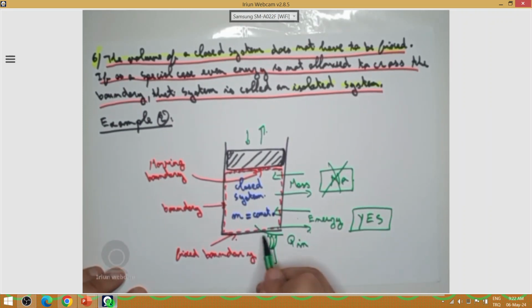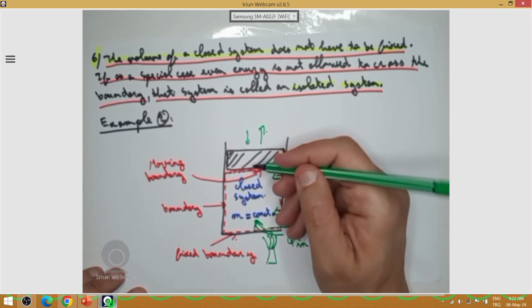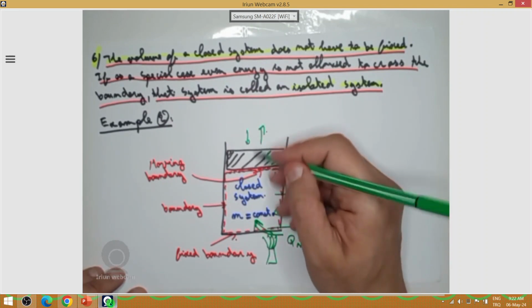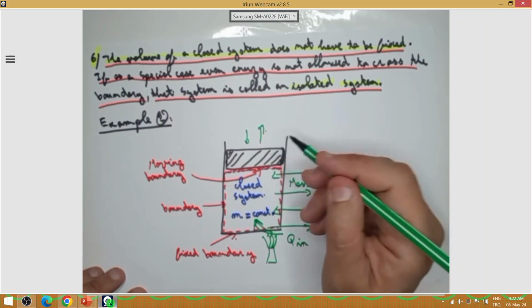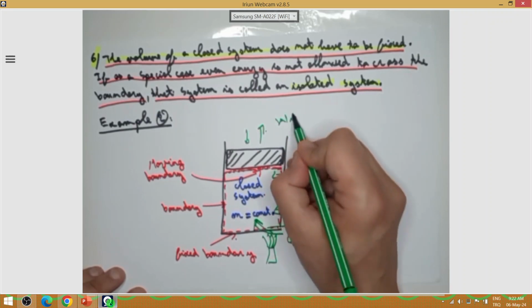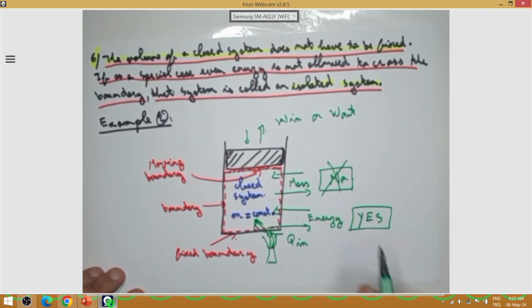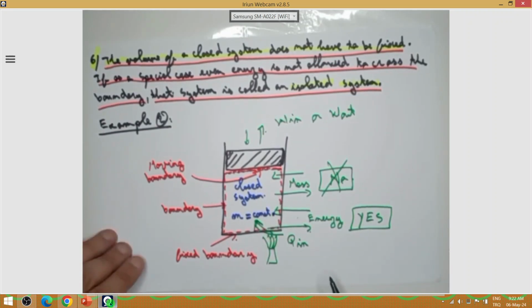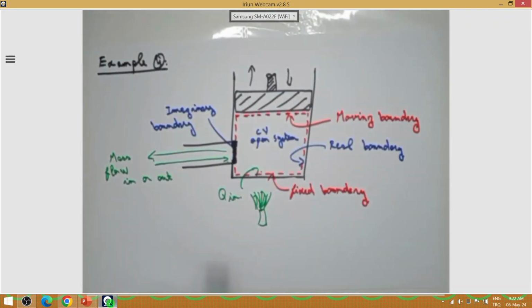It can go this way. Also, since my piston is moving up and down, I can exchange work with my system. I can have work in or work out. So this is the difference between a closed system and an open system.